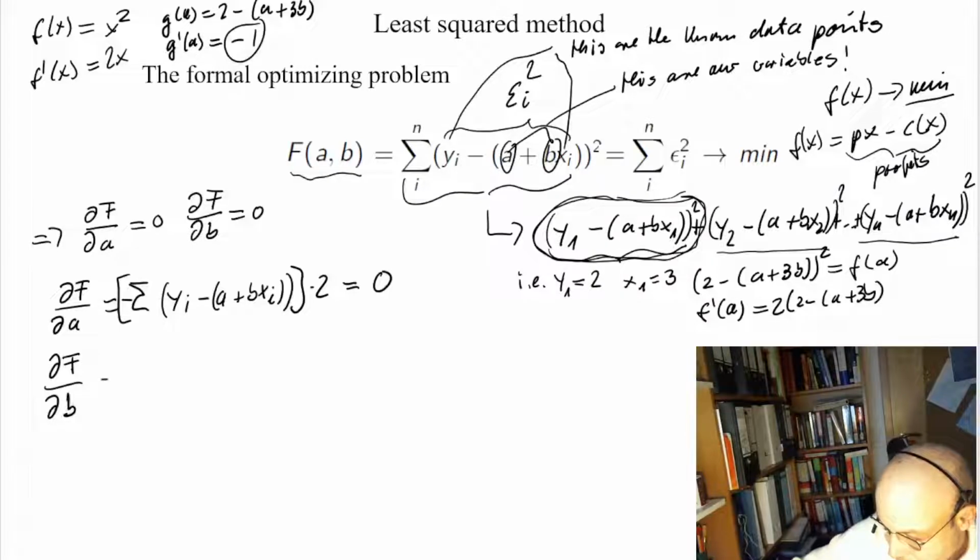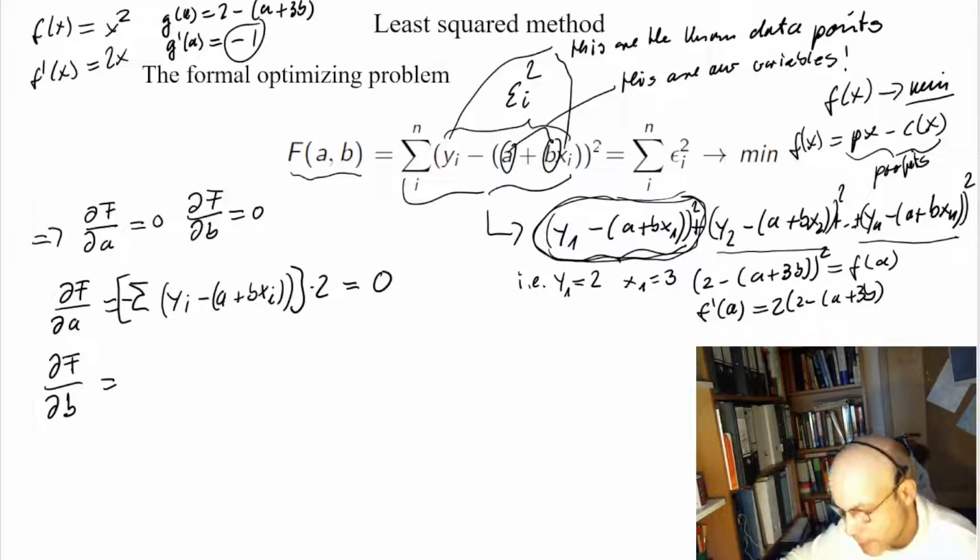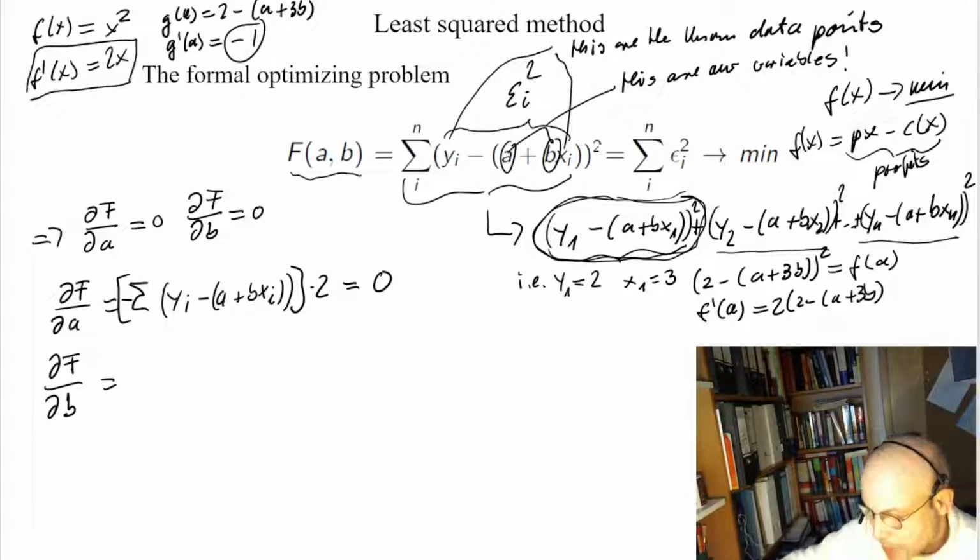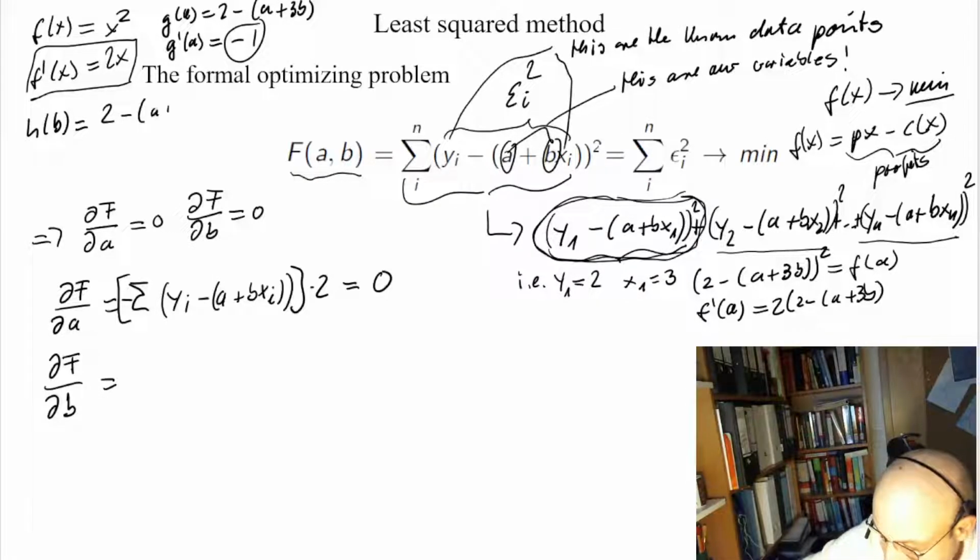then of course we have the same outer derivative here. And now let's say that h of b is 2 minus a plus 3b.